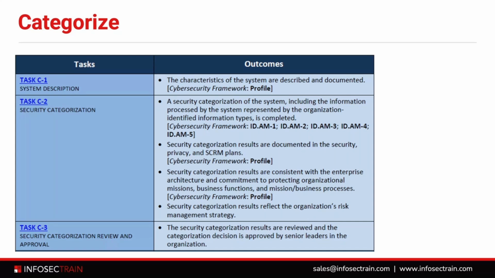One is the system description, then security categorization, review and approval, which we have sort of discussed in our previous slide. This particular snapshot is actually taken from the 837. So for all the tasks, we need to understand what are the inputs to these tasks, and what is the output of this task, and what purpose it serves in our overall risk management framework.